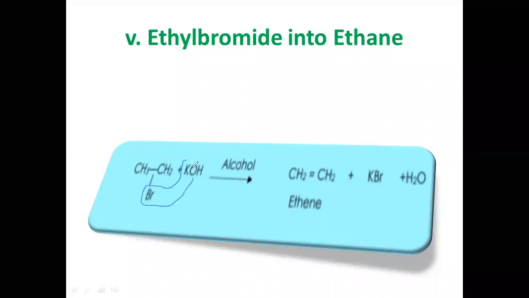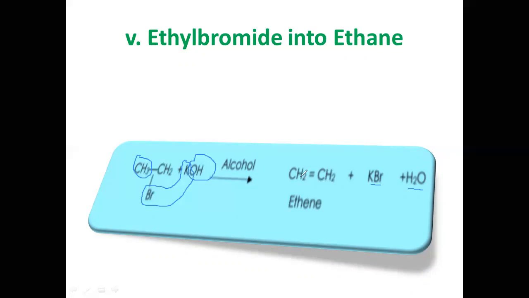You can see potassium bromide, and this hydroxyl group will take hydrogen from another carbon atom, not from the same carbon atom from where the halogen is eliminated or removed. This will take hydrogen from another carbon atom and will form water. And what will these two carbon atoms do?